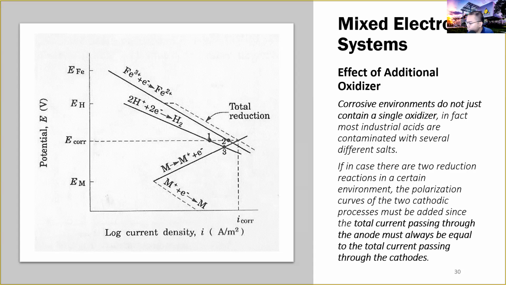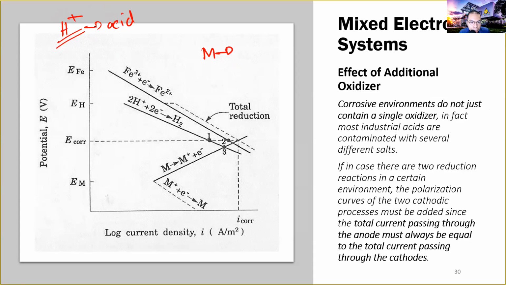One example here is the effect of an additional oxidizer. Let's take, for example, we have a metal M. The metal M is involved in an industrial setting in which its corrosion is not only governed by acid.